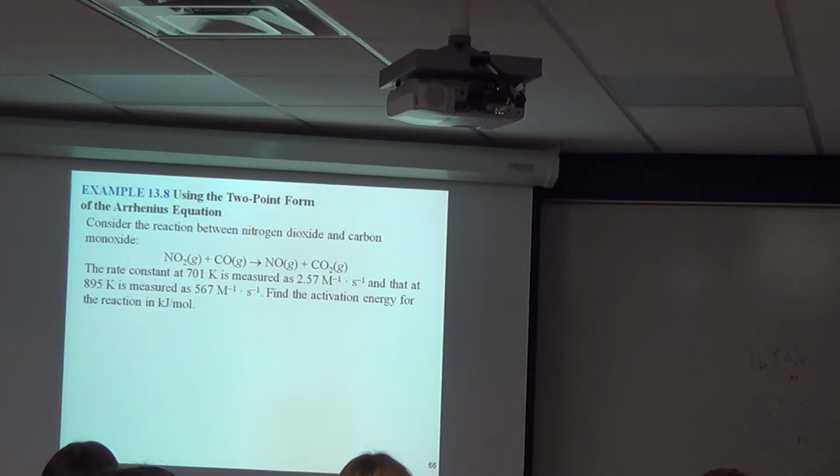Consider the reaction between nitrogen dioxide and carbon monoxide. The rate constant: T1 equals 701 K, and if you give the value T1, then you will see K1. So T1 is 701 and K1 is 2.57 M^-1 s^-1.